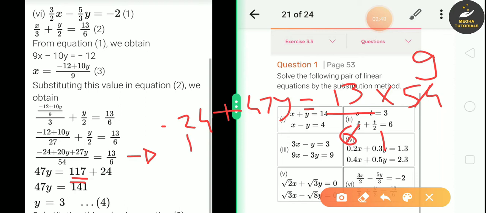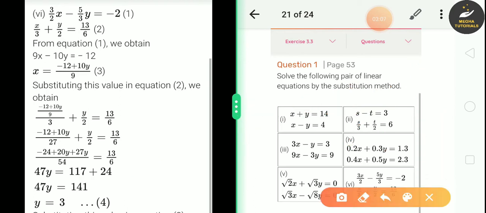Okay, minus 24 transpose on right hand side. So in this step we got 47y is equal to 117 plus 24. So 117 plus 24 is equal to 141. So transpose 47 on the right hand side. So y is equal to 141 upon 47, that is y is equal to 3.